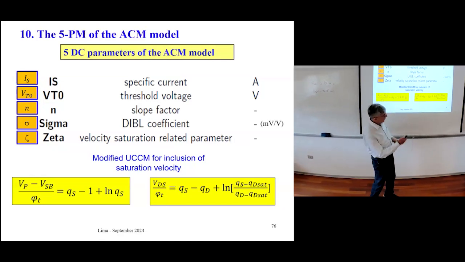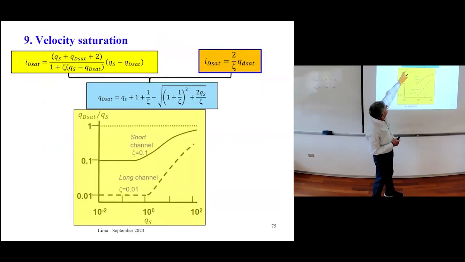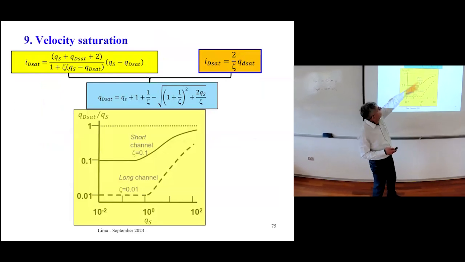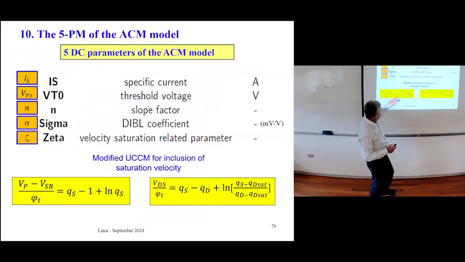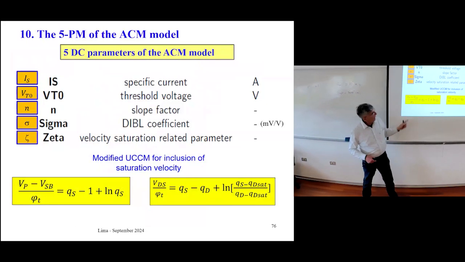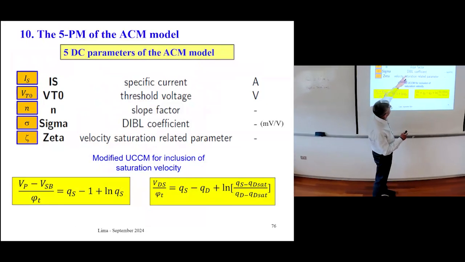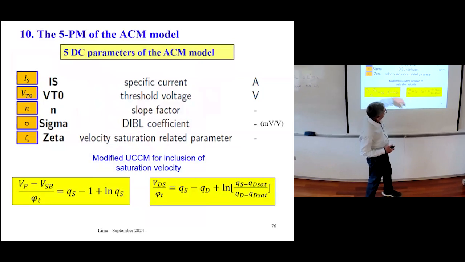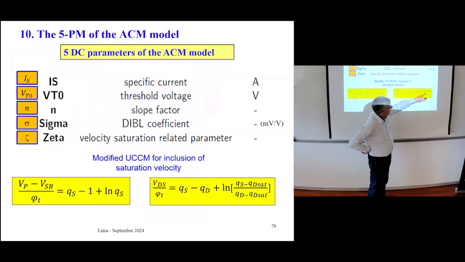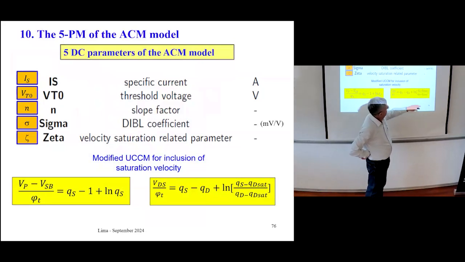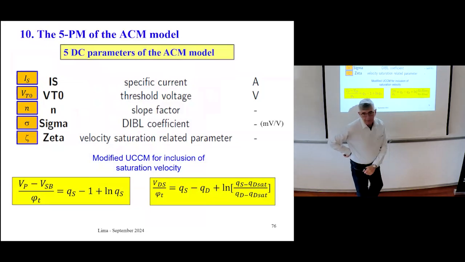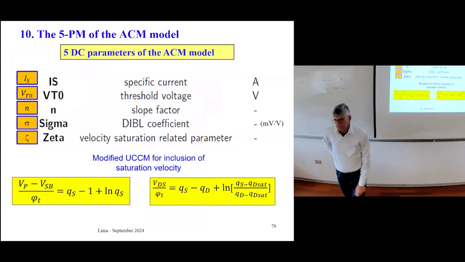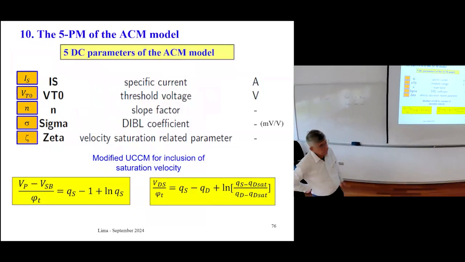So using a previous formula, if I know QS, I can go to that formula, then replace that value here, and my unknown, the variable to be determined, is QD, the drain charge density.